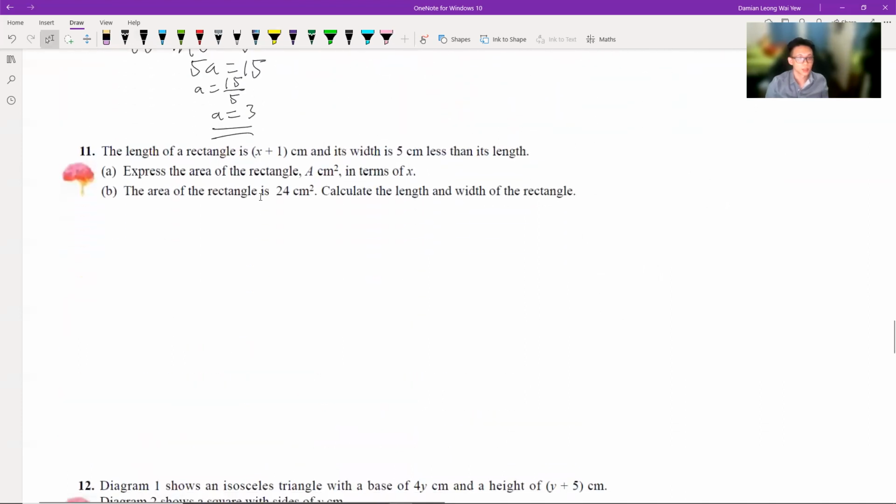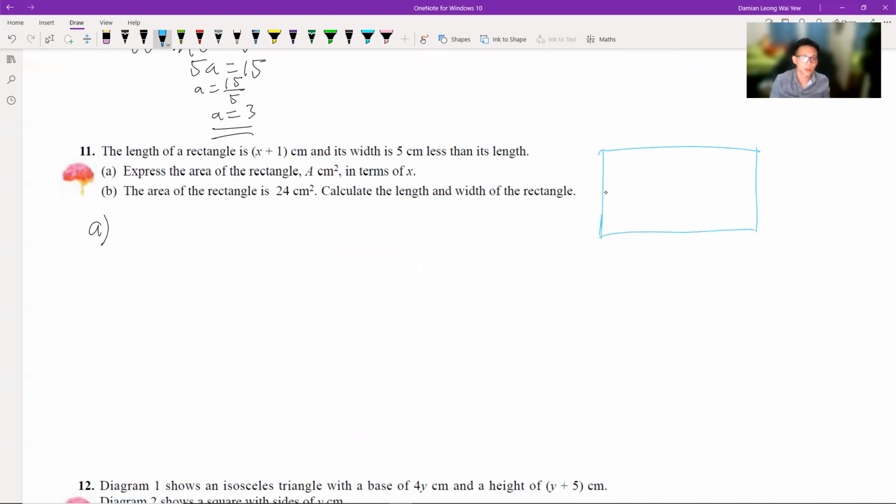Question 11. Length of a rectangle is x plus 1 cm and the width is 5 cm less than length. So express the area of the rectangle in terms of x. Okay, when it's a shape, I would advise to always sketch out.